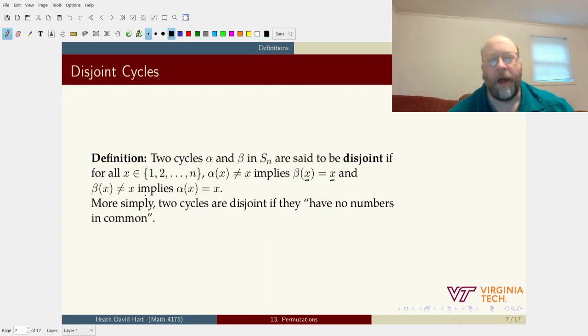So that's what it means to be disjoint. If either function moves a character, the other function leaves that character alone. But more simply, two cycles are disjoint if they have no numbers in common. That's the easier way to recognize it. This definition is overly confusing, but it's correct.